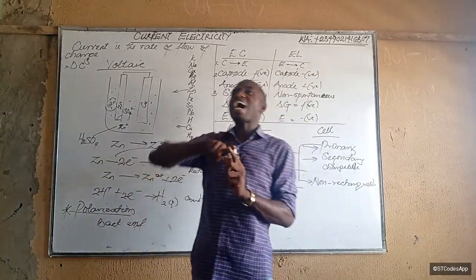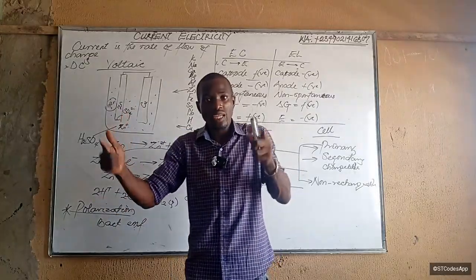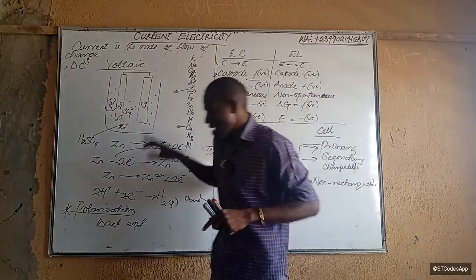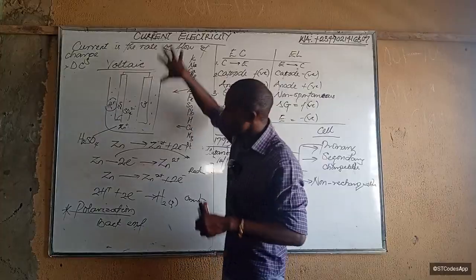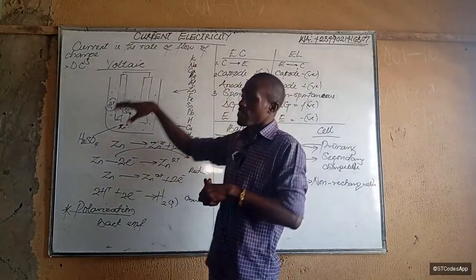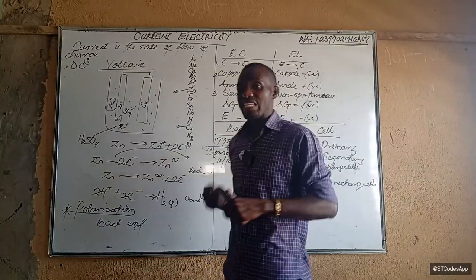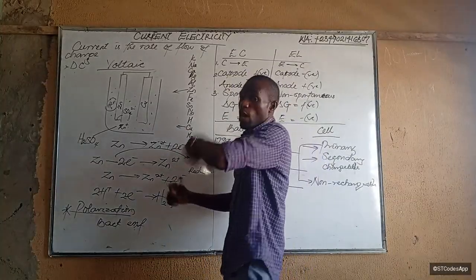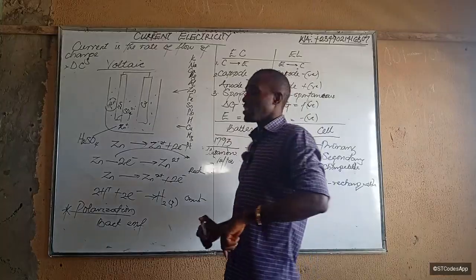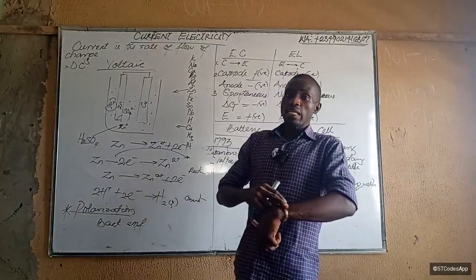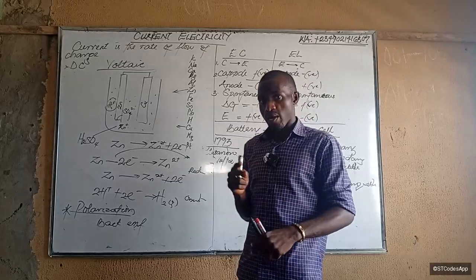Potential difference is the voltage across a particular component of the circuit. But EMF is the voltage of the cell. So because we are referencing the cell right now, we are going to be using EMF. So it sets up a back EMF that opposes the direction of the initial flow of current.